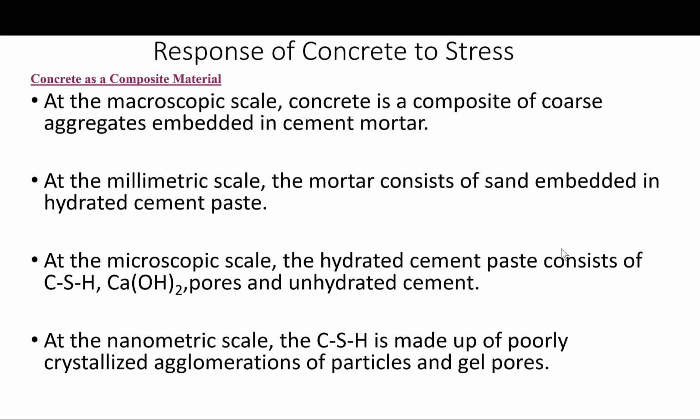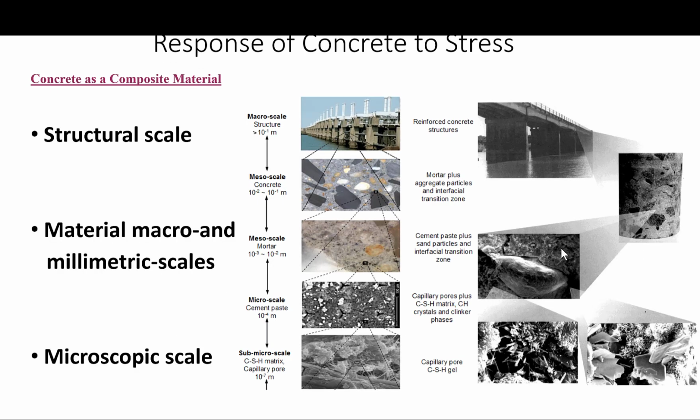Okay, so this is just a representation of the change from the macro scale to the sub-micro scale of the concrete. This is the reinforced concrete structure we see, like a concrete beam or column.